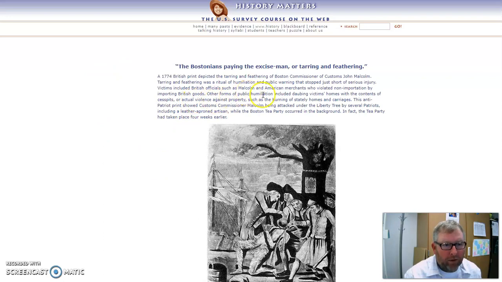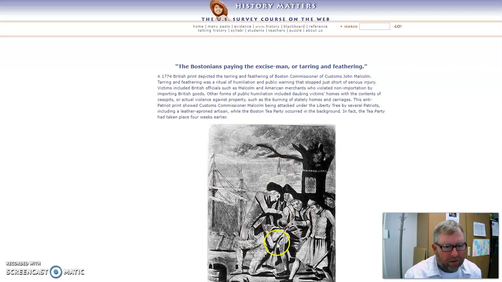Other forms of public humiliation included daubing victims' homes with the contents of cesspits, which means dumping poop in them. There was violence against property, and the anti-patriot print showed a customs commissioner being attacked under the Liberty Tree by patriots, including a leather-aproned artisan, while the Boston Tea Party occurred in the background.